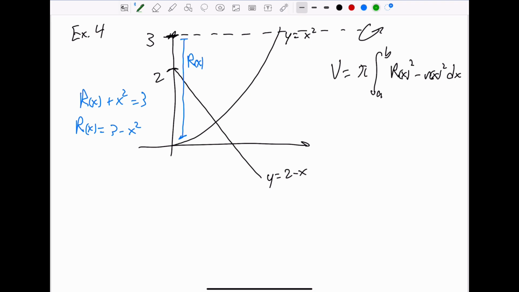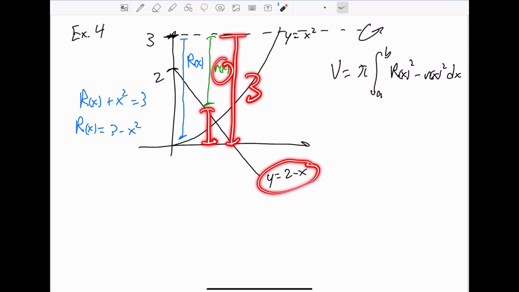How about the small radius, small r of x? That's this distance here. Well, this is going to involve the line 2 minus x, but it's not equal to 2 minus x. 2 minus x gives us the y values from the x-axis. So if I take the y value here and add it to small r, I get the total distance of 3.